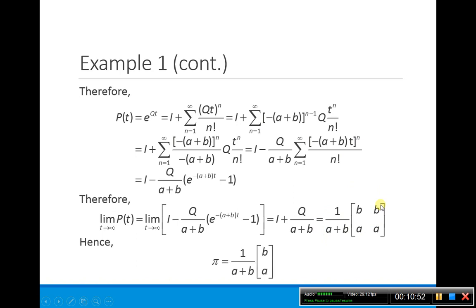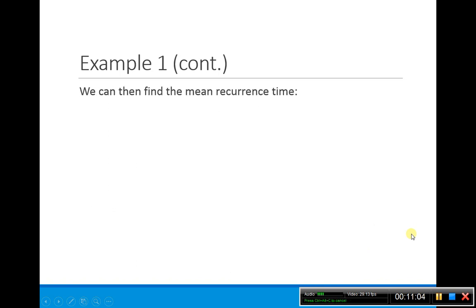So we notice that our pi is just going to be our columns here, our BA, times this 1 over a plus b. So we can find the mean recurrence time. Going back to that definition, our pi I is negative 1 over our diagonal element in our generator matrix times our mean recurrence time.